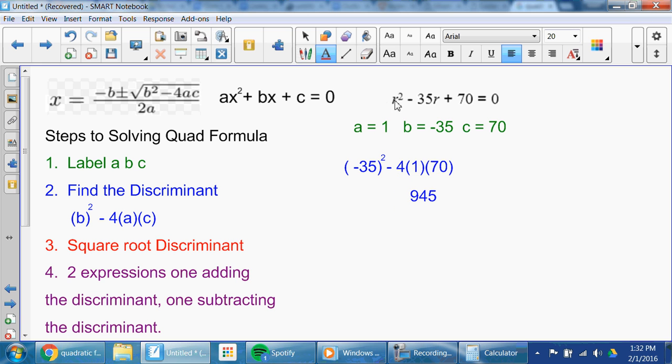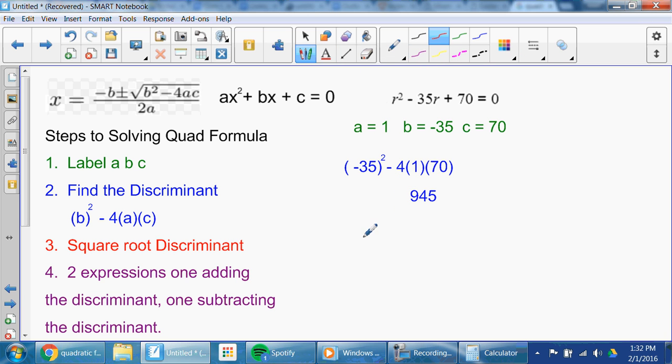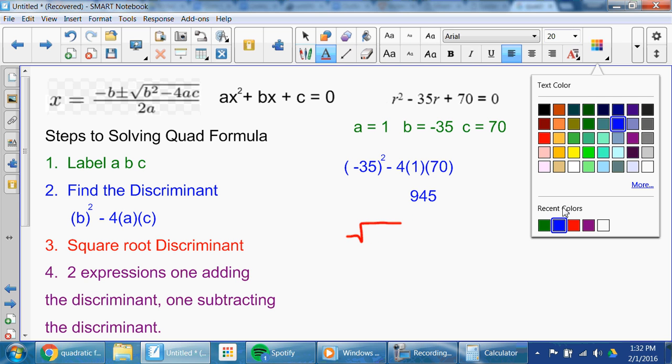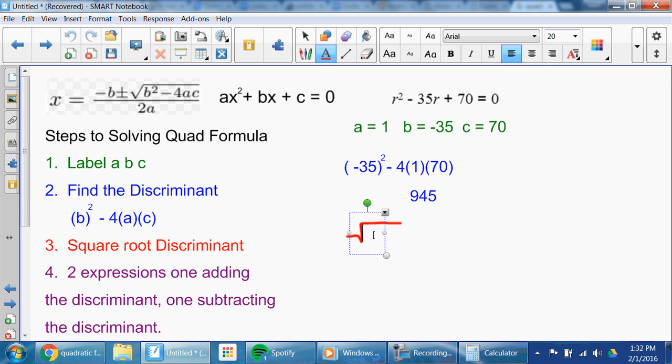Okay, the next thing I've got to do, my step 3, is to square root the discriminant. So I've got to square root 945. Let me do it on my calculator here.